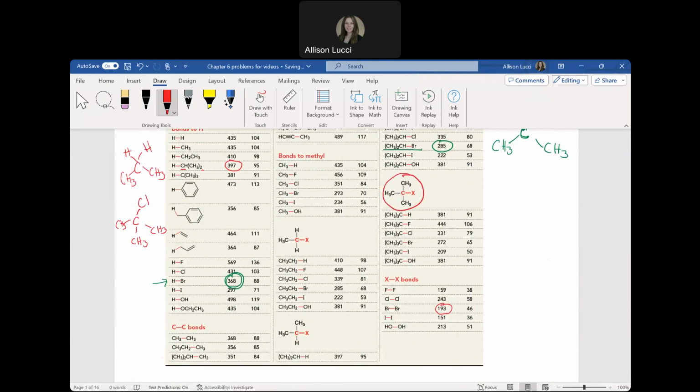So our carbon-halogen bond is the one that will be broken, but we need to look at a carbon that's bonded to three methyl groups specifically. And we would find that that requires 331 kilojoules per mole, so positive 331 for this reaction. And then our water molecule, let's see, where is that? HOH, that is given down here. So right here, this 498, that will be our other positive value. So these are the two values that we'll use for our bonds that are broken.